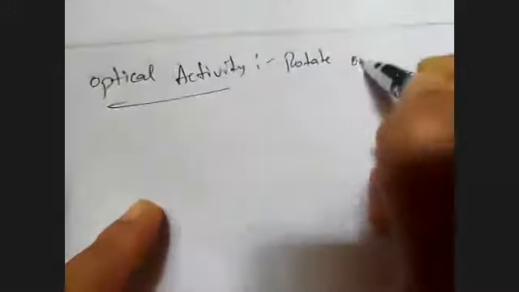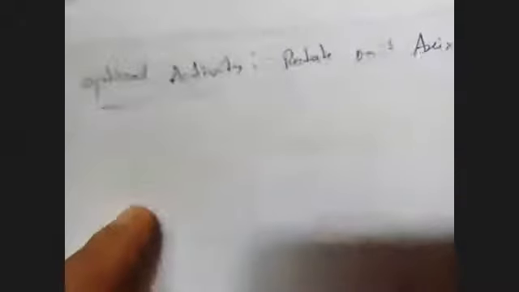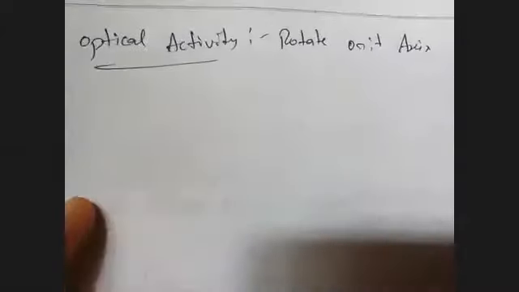We have read this a few classes back. When plane polarized light is passed through an object, it will rotate on its axis. That is called optical activity.